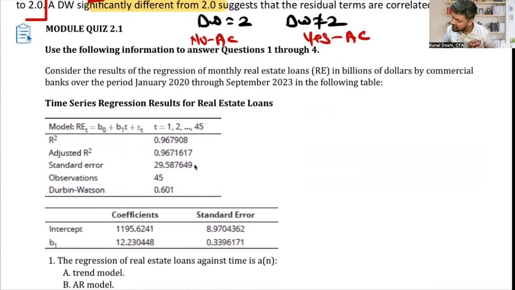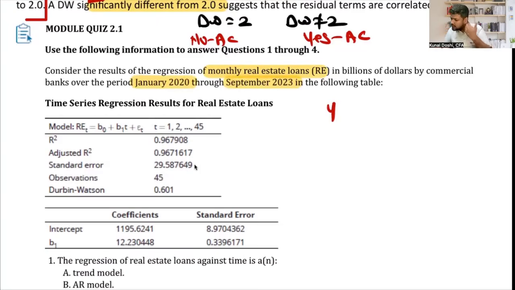Consider the results of the regression of the monthly real estate loans, in dollars. This is going to be my Y. By commercial banks over the period from January 2020 all the way till September 2023.